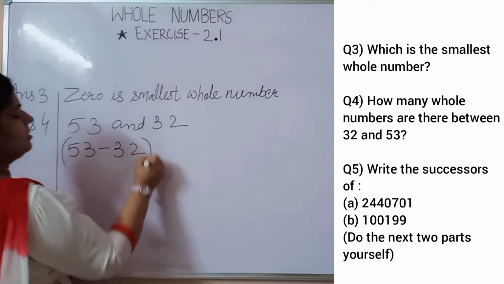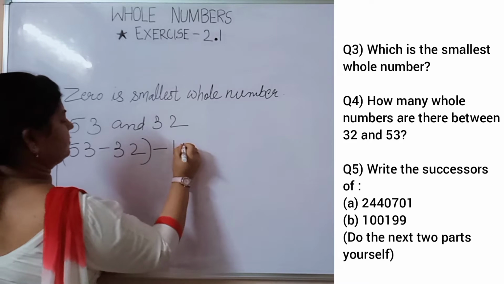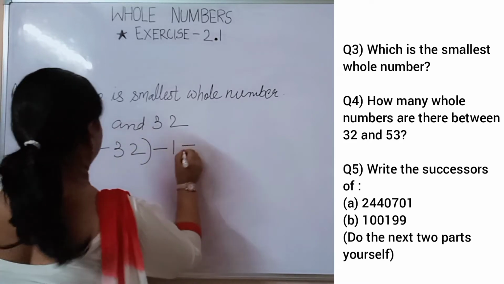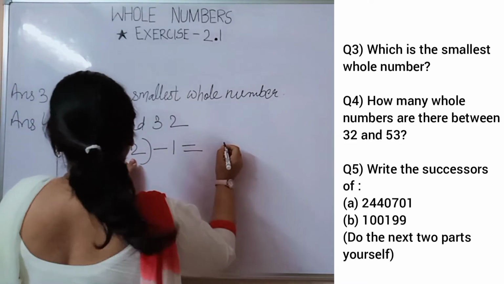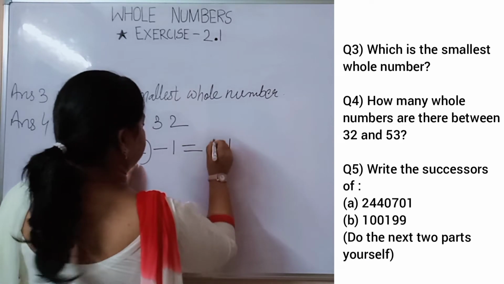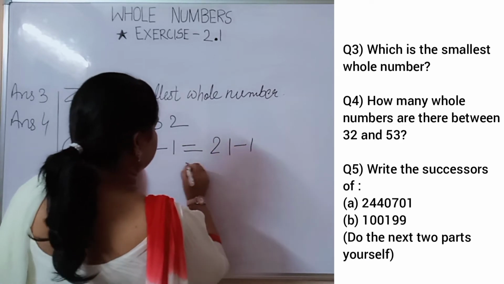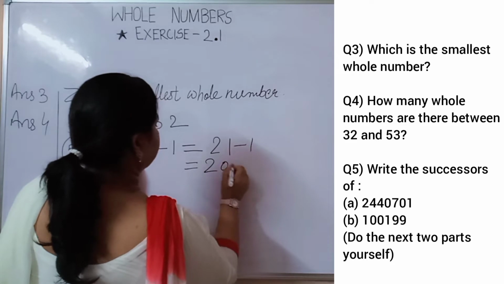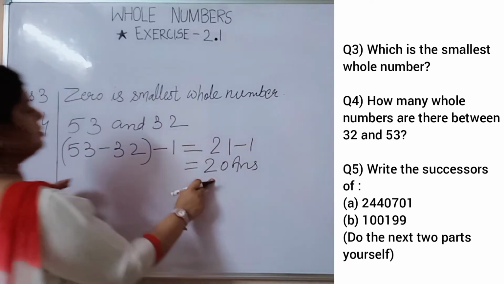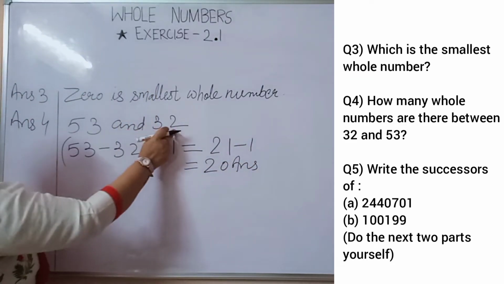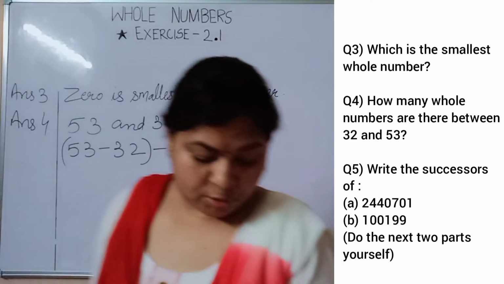After that, minus 1. So you got 20. It means there are 20 whole numbers between 53 and 32.